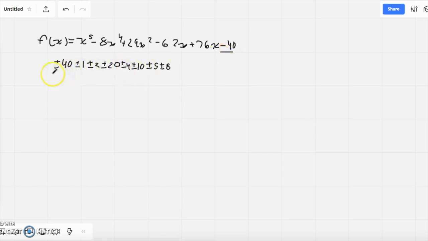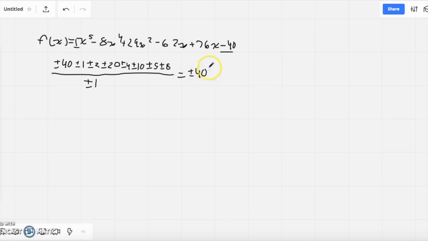So now what we'll do is put that all over the factors of the leading coefficient of x to the fifth, which is 1. So it's just going to be plus or minus 1. Now we're going to use this fraction to find all the possible roots. So we're going to do plus or minus 40 divided by plus or minus 1, which is just plus or minus 40.